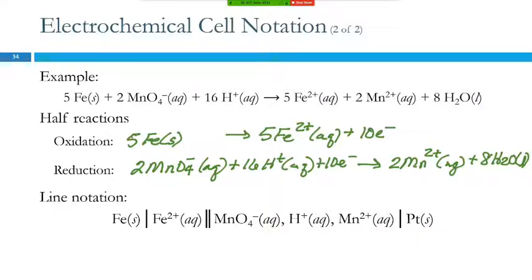Any questions? Could you explain why it's the iron that is the oxidation and not the manganese? Yeah. What's happening to the iron is that it's losing electrons. Right? It went from Fe0 to Fe2+. So its oxidation state is going up.